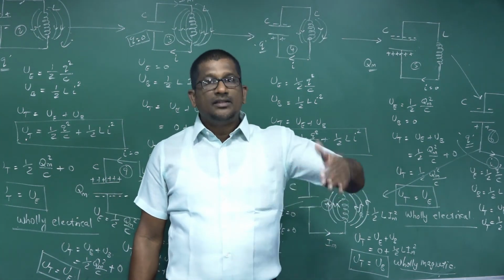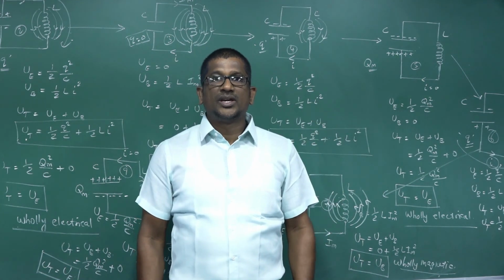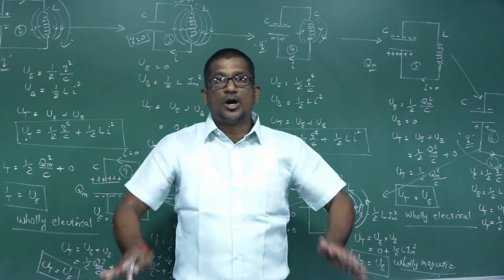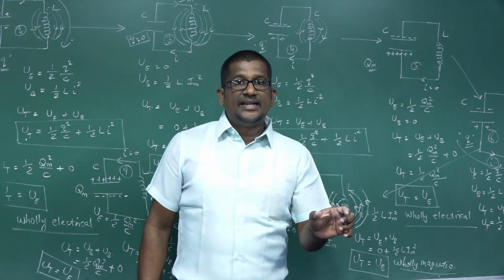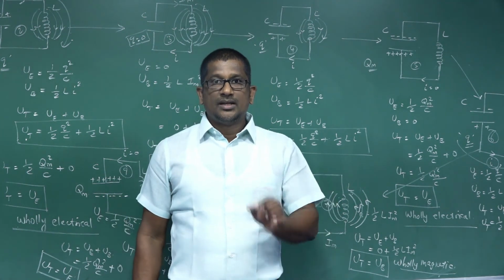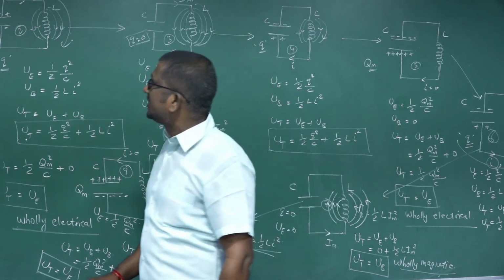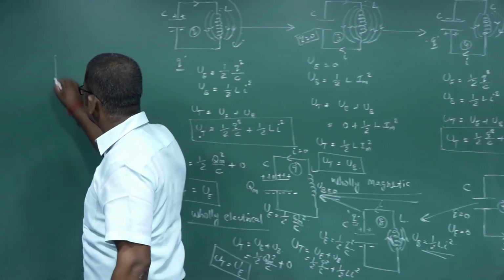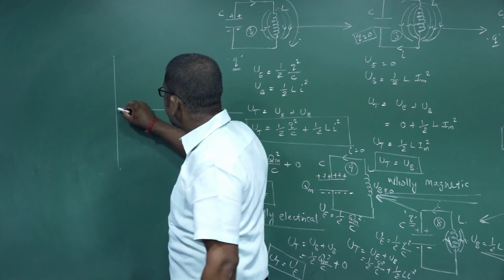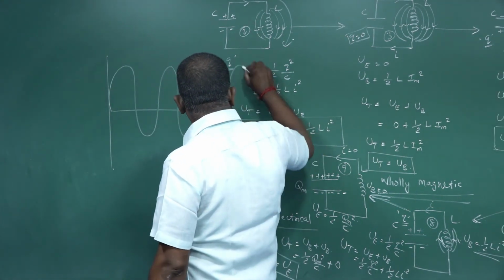That is, the oscillation never stops. That oscillation is called undamped oscillation. The undamped oscillation is like this, that is, the amplitude of the oscillation does not change.